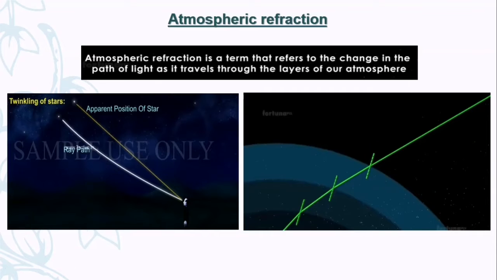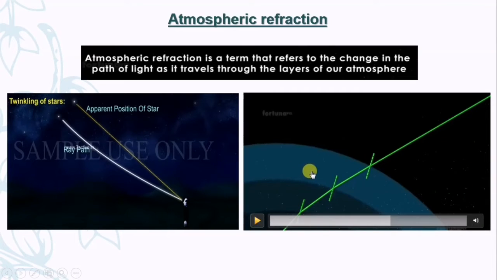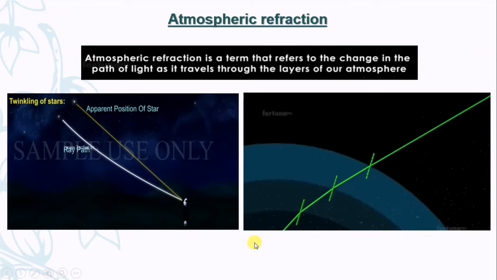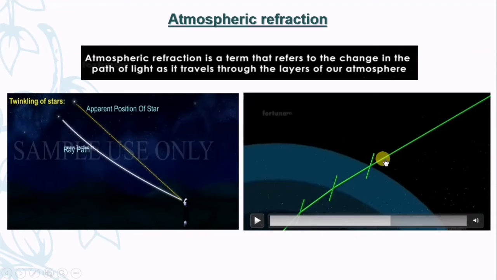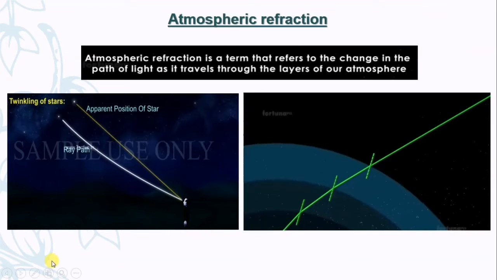Girls, as you can see here, the light is coming from the stars, from the vacuum, and we learned that the light has its maximum speed in vacuum, 3 times 10 to the power of 8 meters per second, and when it enters air, its speed decreases. Okay, so here it's entering different layers of air. This layer has less density than this, and so on. And we learned that when the light passes from a medium which is less dense to a medium which is more dense, how will it bend? See, this is the normal, and this is the initial path of light.